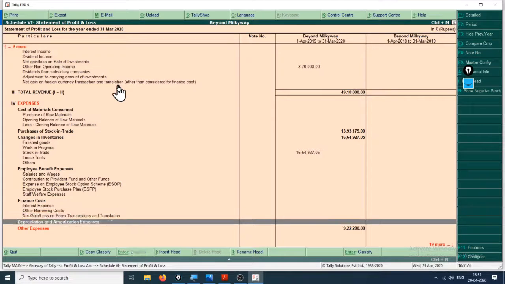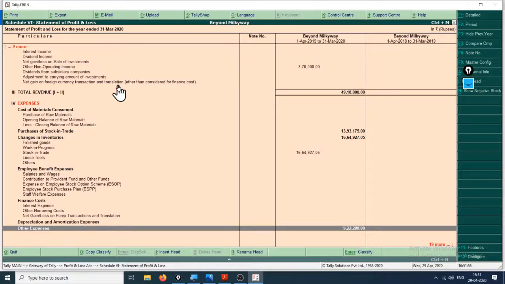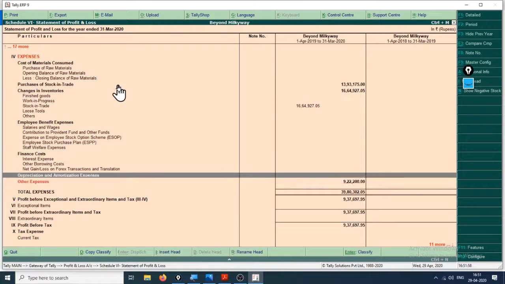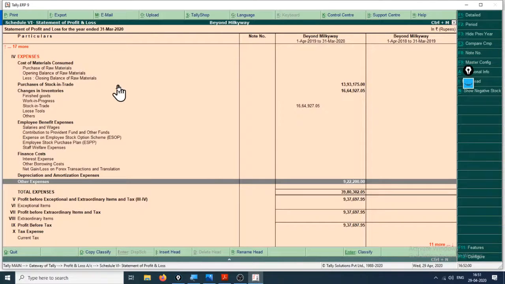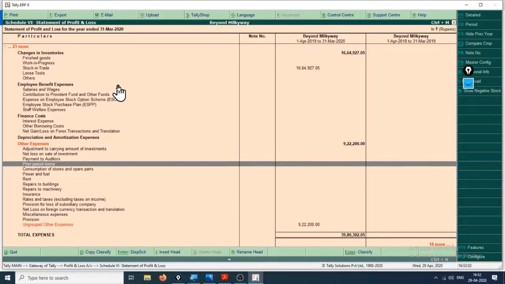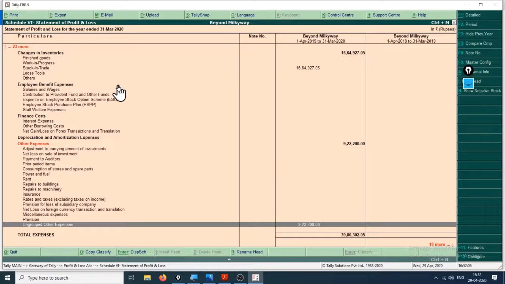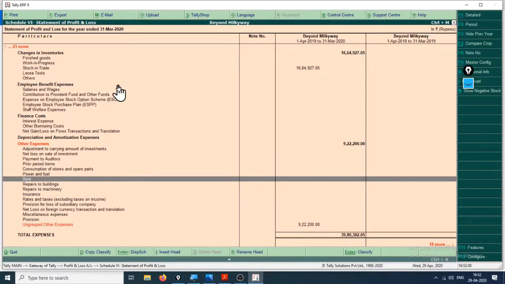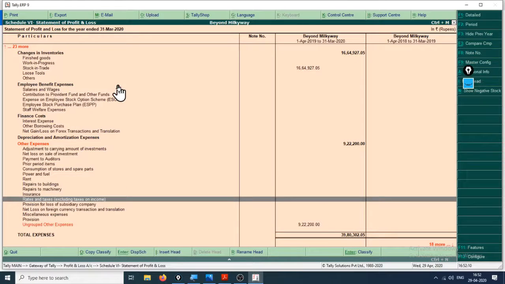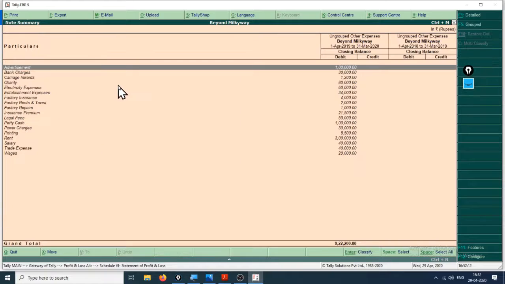Yeah, basically interest. Depreciation is shown separately, and everything else is shown right here. That is the other expense. If you expand it, Shift plus Enter to expand. Ungrouped expenses, we have not defined groups of any of these expenses. You can if you want to.